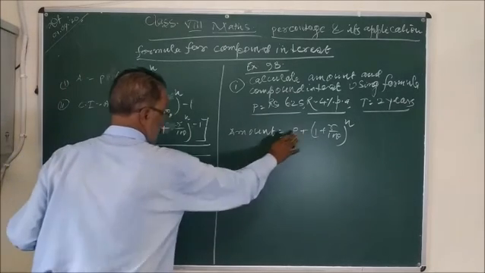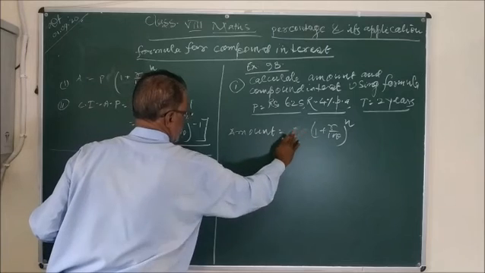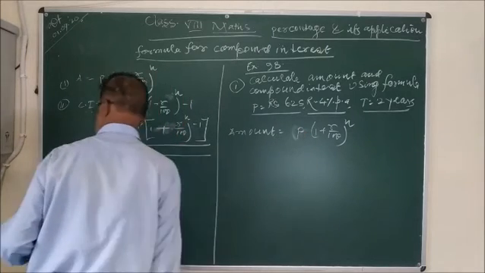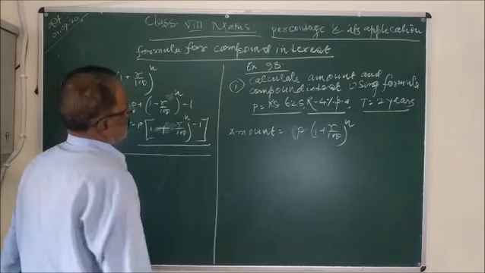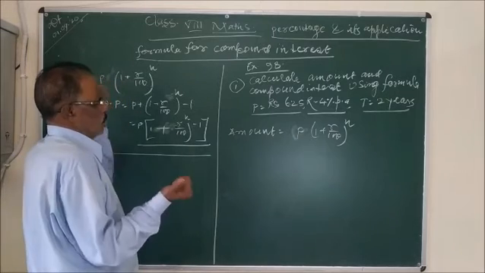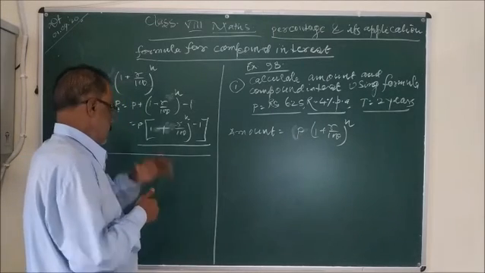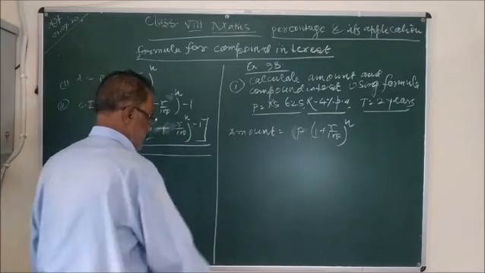This is the formula, and this is the formula for amount. So two things you have to find: amount and also compound interest.